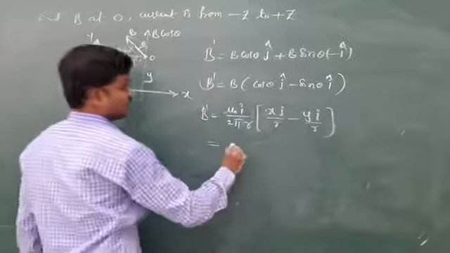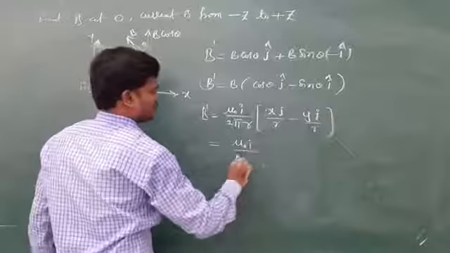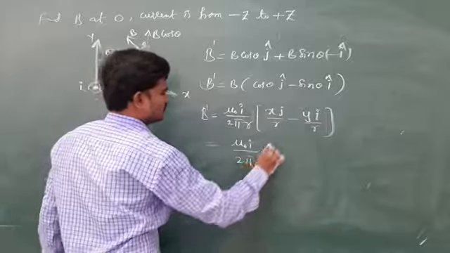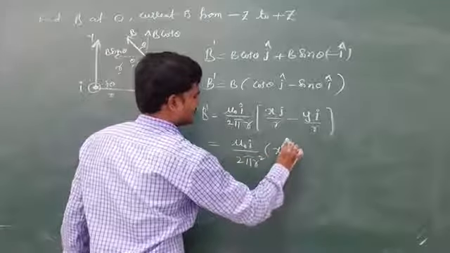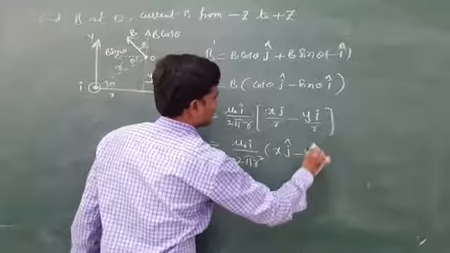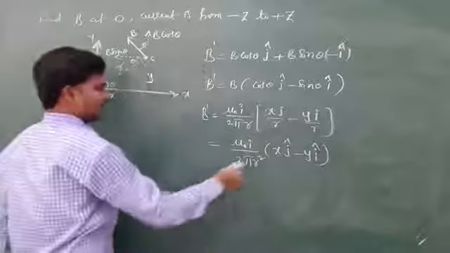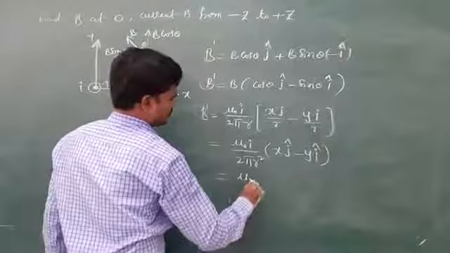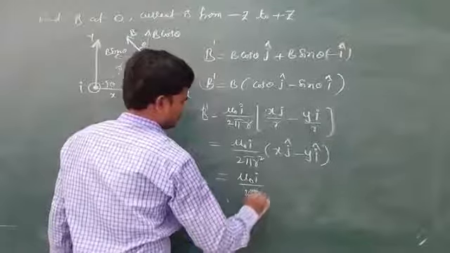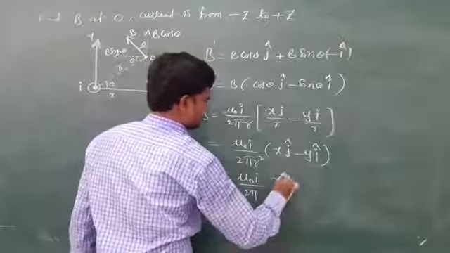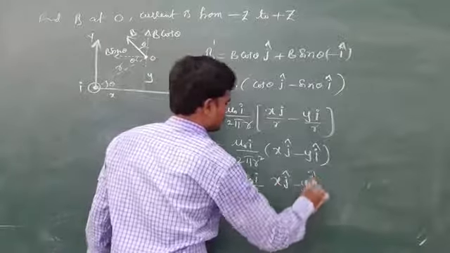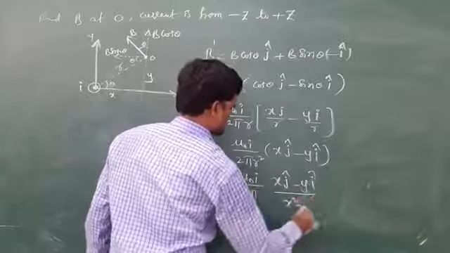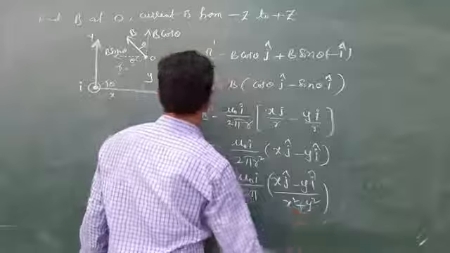So we get mu naught I by 2 pi r square, x j cap minus y i cap, and r is root of x square plus y square. So mu naught I by 2 pi, x j cap minus y i cap, divided by x square plus y square.